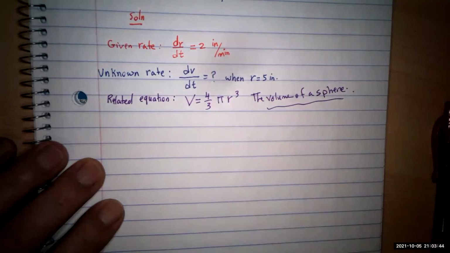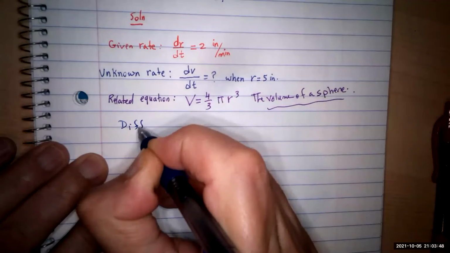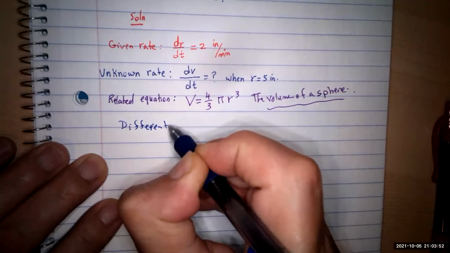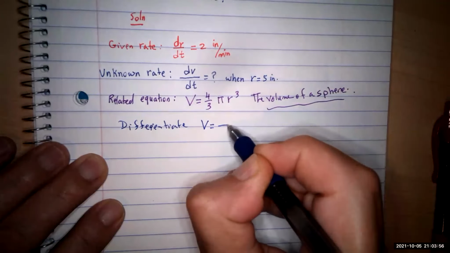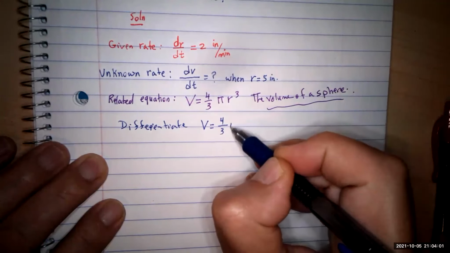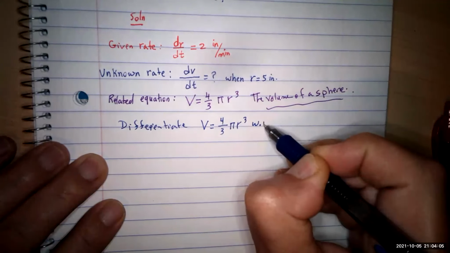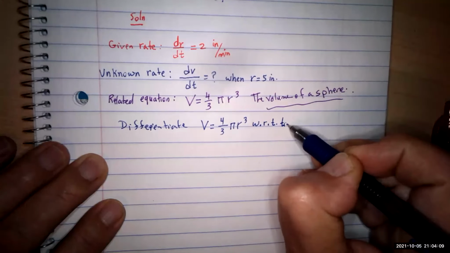As usual, I'll explain again. You differentiate this equation: V equals 4/3 pi r cubed, with respect to the time t.